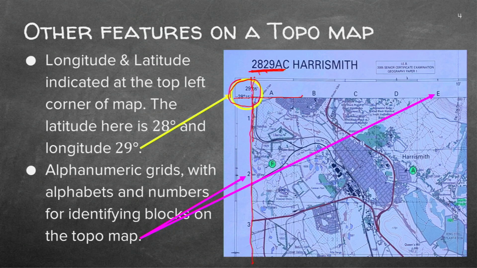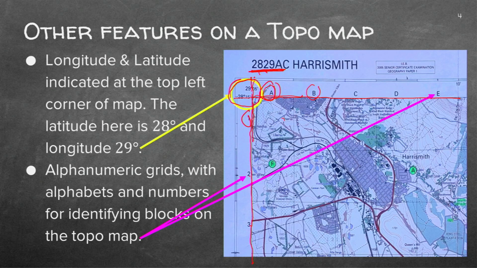This one is 1, 2, 3. And then horizontally on this side, every block has been named A, B, C, D, and so on. Together the numbers and the alphabet form what we call alphanumeric codes, and those are used to define the blocks upon which features are on this map.